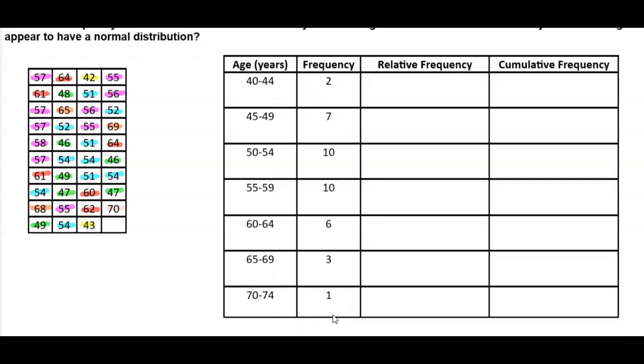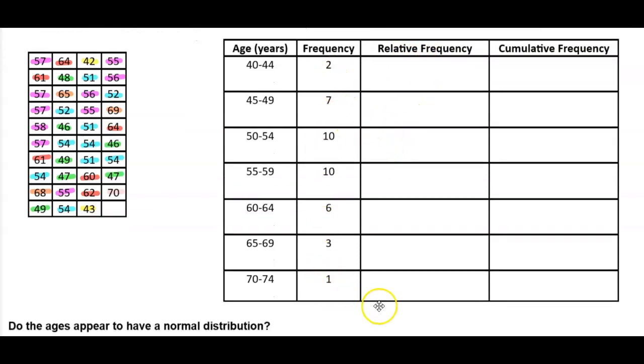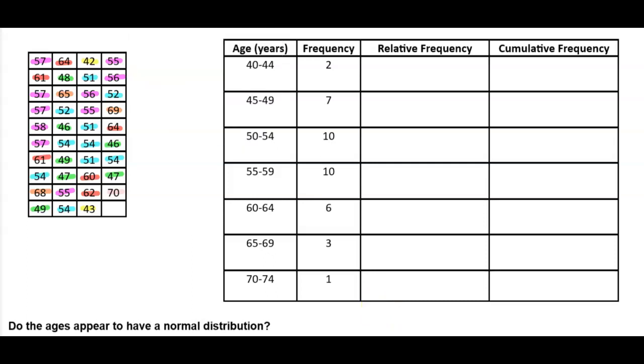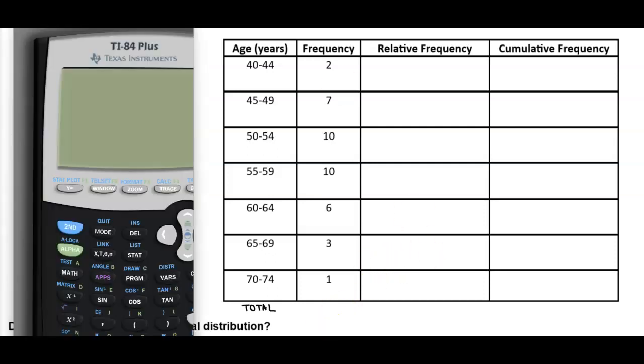Okay, alright, so now we need to find the relative frequency. In order to find the relative frequency, we need to find the total of the frequency. So let's go ahead and add those up.